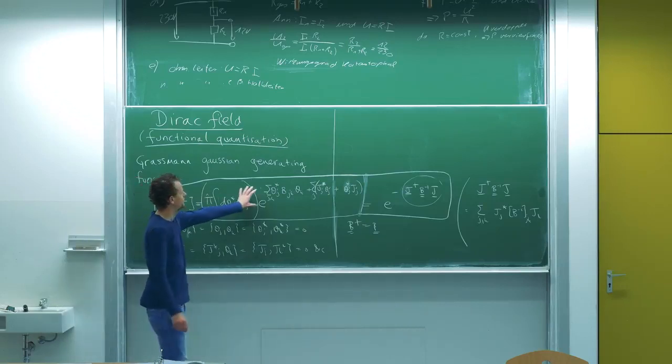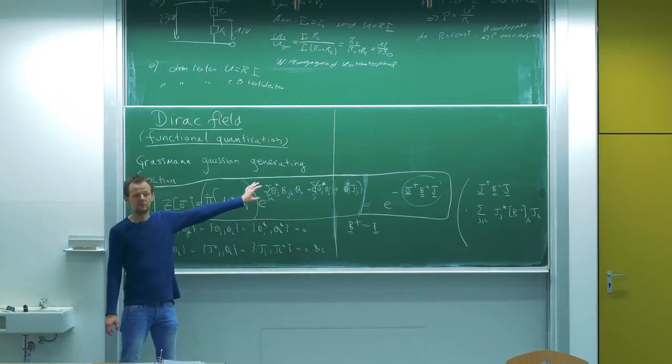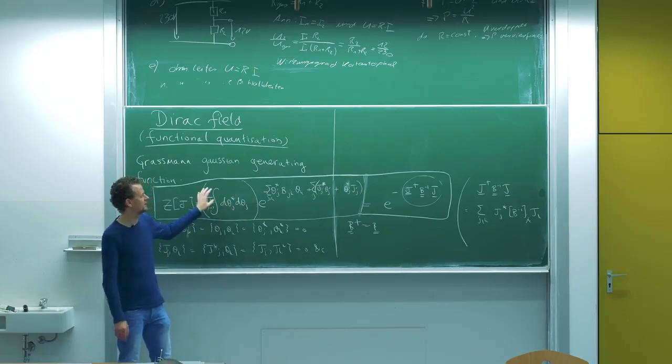This is the basis for the functional integral quantization of the Dirac field, this single result here. We'll get to that in a second. I just want to point out one thing, and that is that you do get numbers at the end.